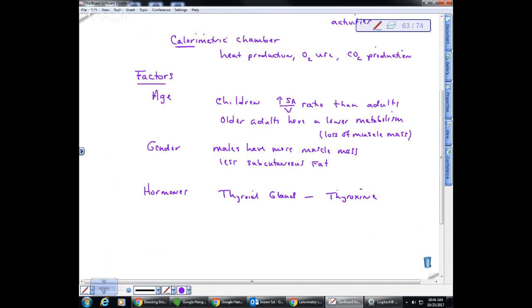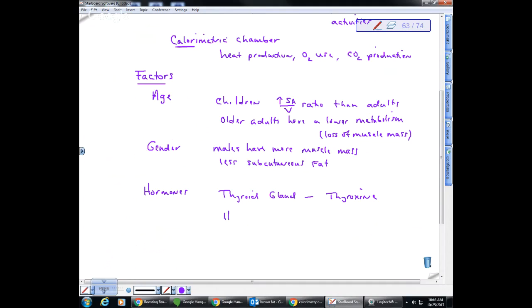Almost all cells will respond to thyroxine by increasing their metabolic rate. So when you gain weight rapidly or lose weight rapidly, they take a blood test and look at your thyroid hormones, right?